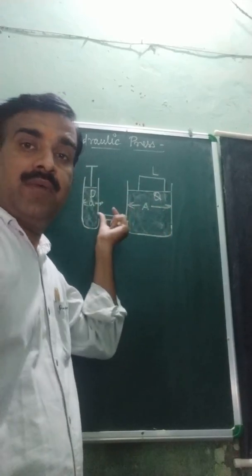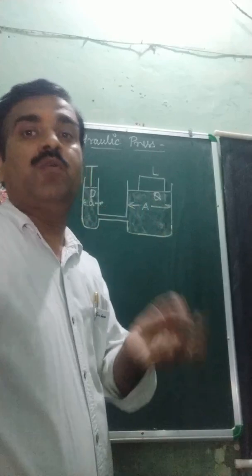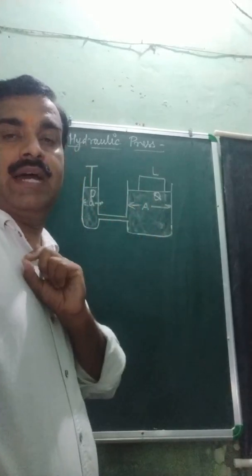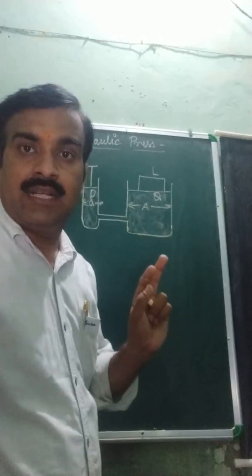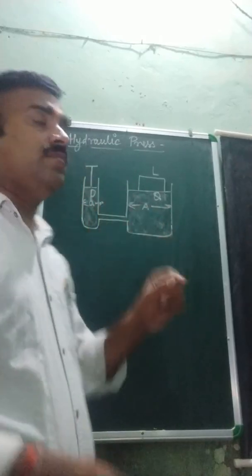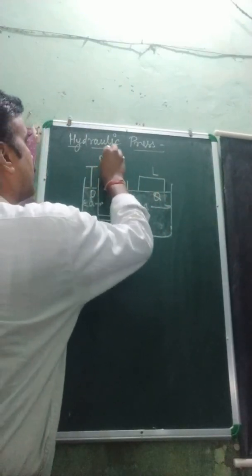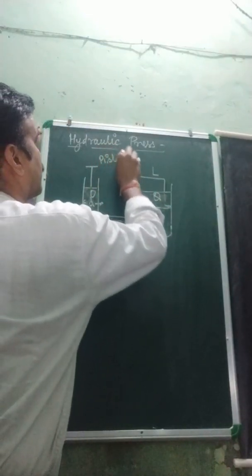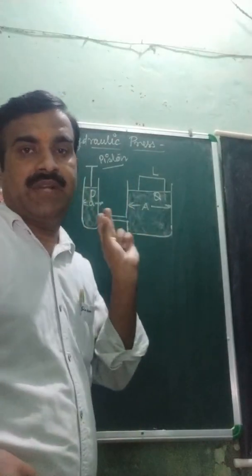This one has a small area, so its radius will also be less, small r, and this radius will be capital R. Here a piston is attached, and on both sides fluid is filled.